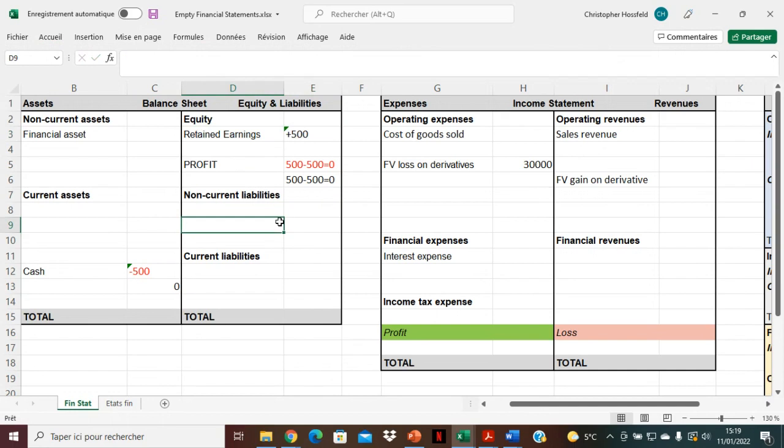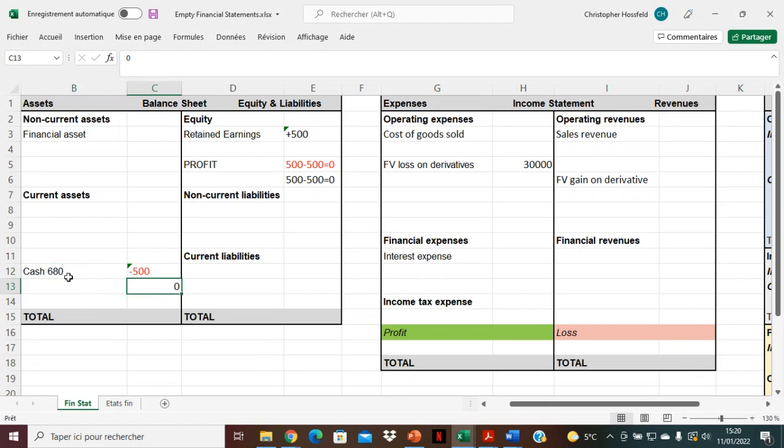So retaining profits, what are the impacts? First of all, on cash, retaining profits avoids a cash outflow for dividends. Therefore, the remaining cash position is higher. If I assume that in the beginning I have a cash position of, say, 680, and I pay 500 of dividends, my remaining cash is only 180.